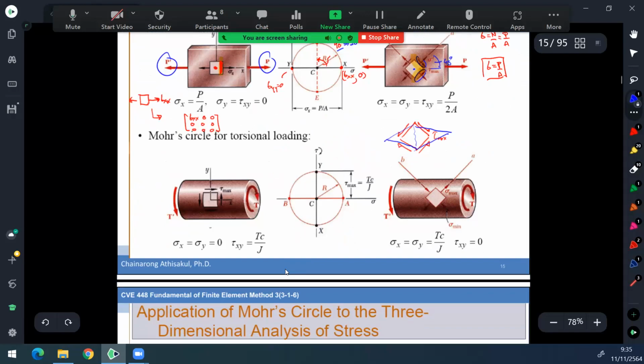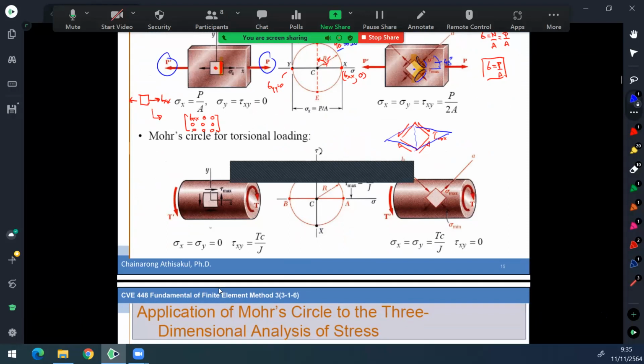Same as the torsion. For the case of torsion that you have learned in mechanics of material, when the cylinder is subject to the torque T, it has the shear stress occurring along the surface of the cylinder.